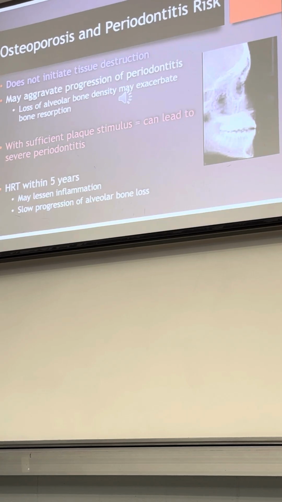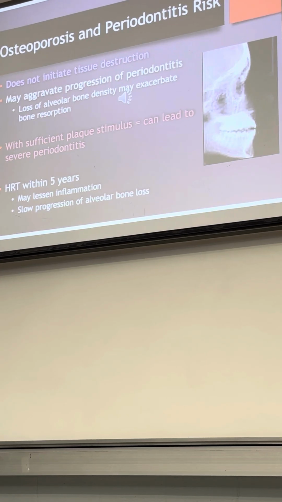So it may aggravate the progression of periodontitis, but they've got to already have periodontitis. With sufficient plaque stimulus, it can lead to severe periodontitis with some of these patients. So it's not going to happen necessarily just because they have it, but if they have the right environment, then it could. Hormone replacement within 5 years may lessen the inflammation and slow the progression of alveolar bone loss.